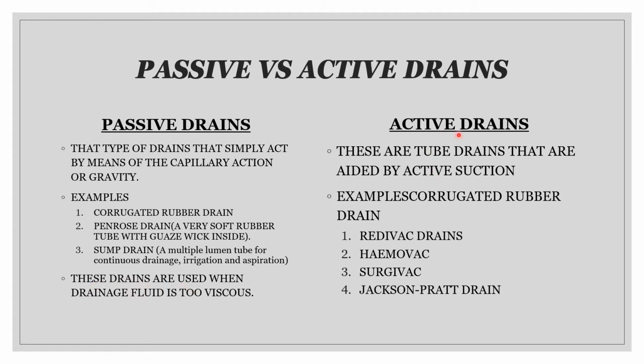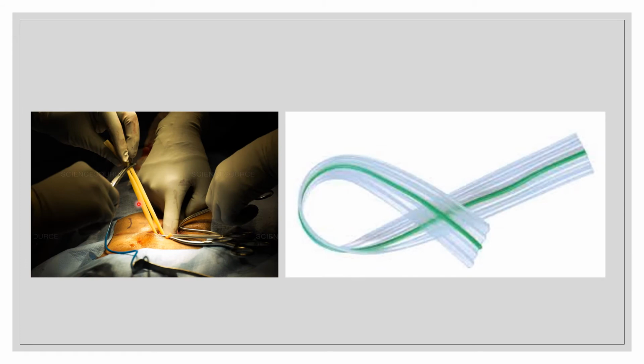Active drains. So these are tube drains that are aided by active suction. Examples: Redivac drain, Hemovac, Surgivac, Jackson Pratt. So these two are pictures of passive drain.